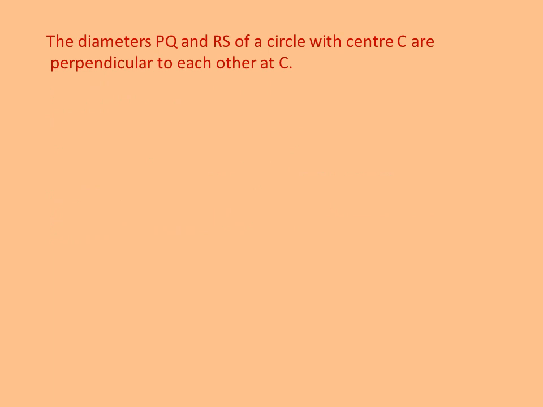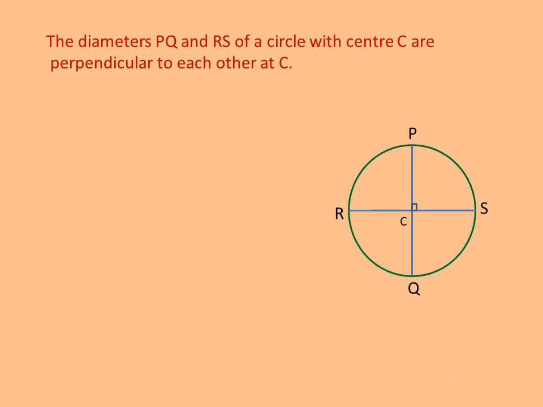Now let us see one example and see what we can do. There are diameters PQ and RS of a circle with center C, and they are saying that diameters PQ and RS are perpendicular to each other at point C. Here is the diagram.